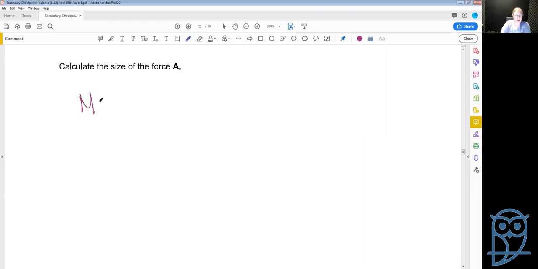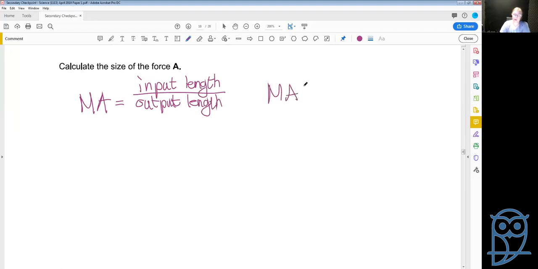Mechanical advantage has 2 formulas, and the first one is the input length over the output length. And the other formula is the input force over the output force.